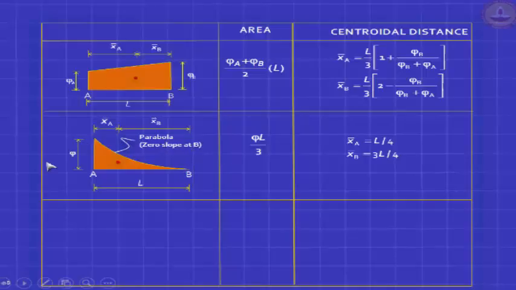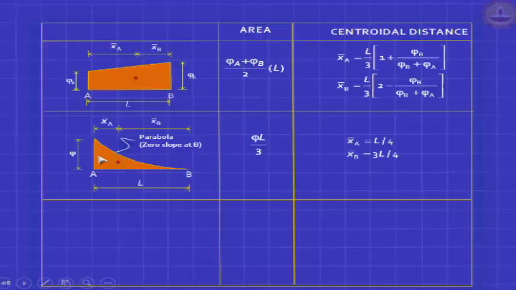So the rectangle has an area of phi into L, 1/3 of that is the area of this parabola, provided the slope here is 0. If the slope is not 0, there will be a small error. And the centroid divides this in the ratio 1:3. So the centroid will be L by 4 from here and this will be 3L by 4.